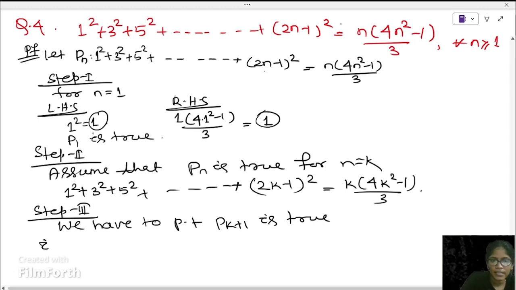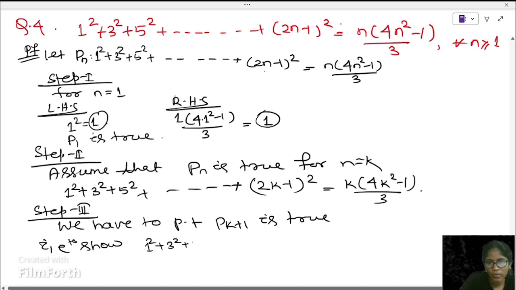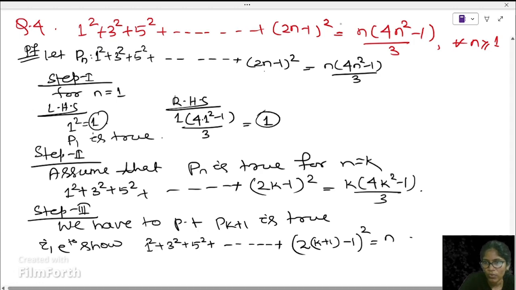That is to show 1 square plus 3 square plus 5 square plus up to 2 into k plus 1 minus 1 its whole square is equal to k plus 1 into 4 into k plus 1 whole square minus 1 divided by 3.